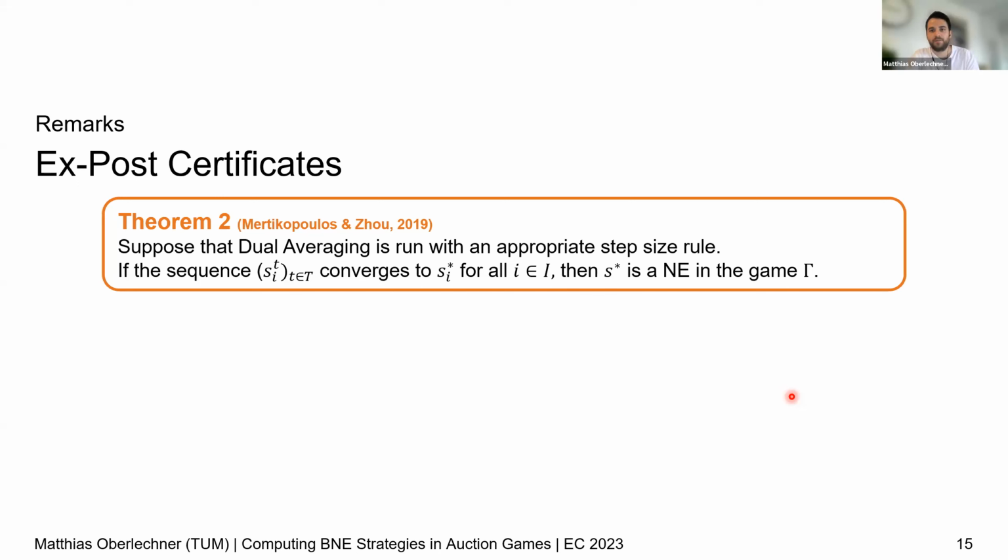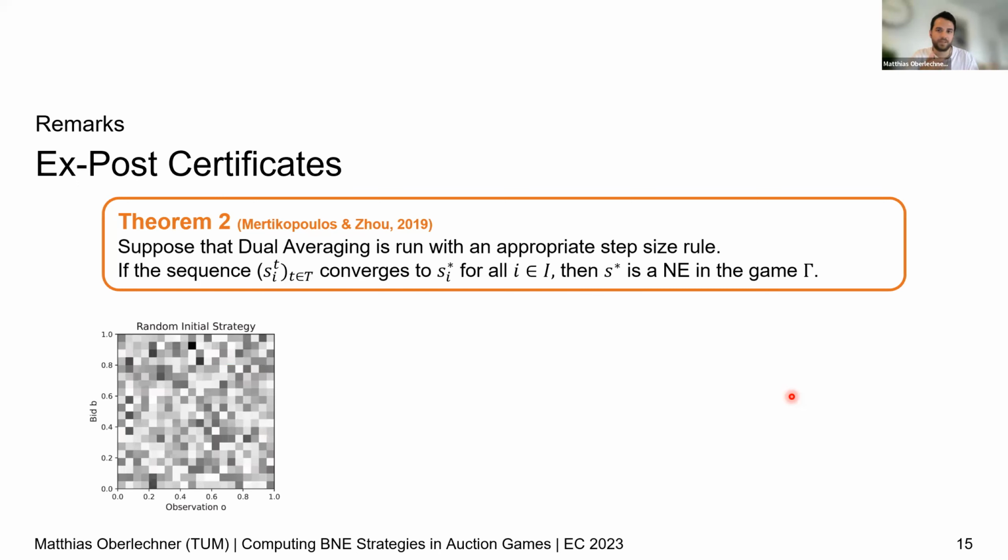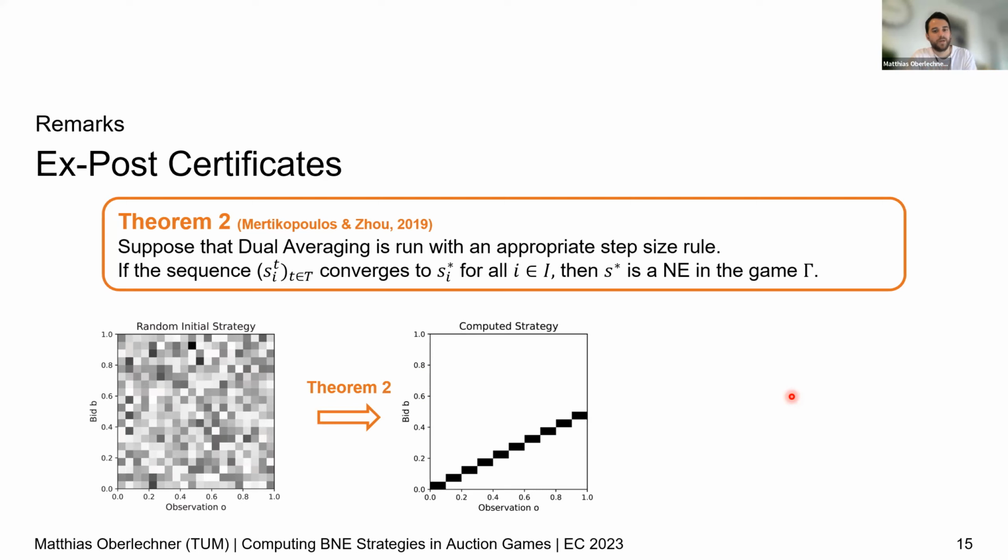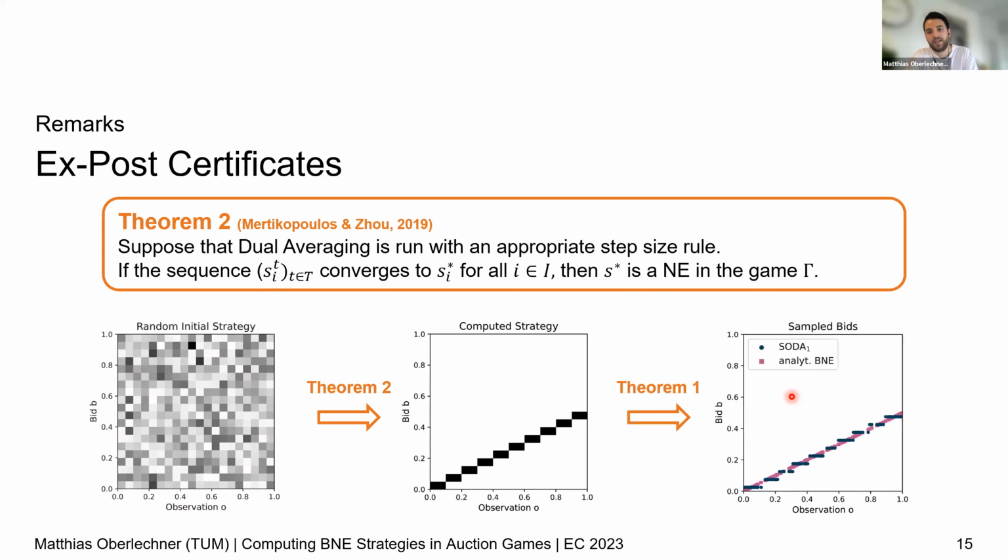And this is very helpful for us because we start in the approximation game with some random initial strategy, then we apply dual averaging, and the method converges to some strategy profile, then we know this is a Nash equilibrium. And by our main result, we know this induces an approximate Bayes Nash equilibrium in the auction game.